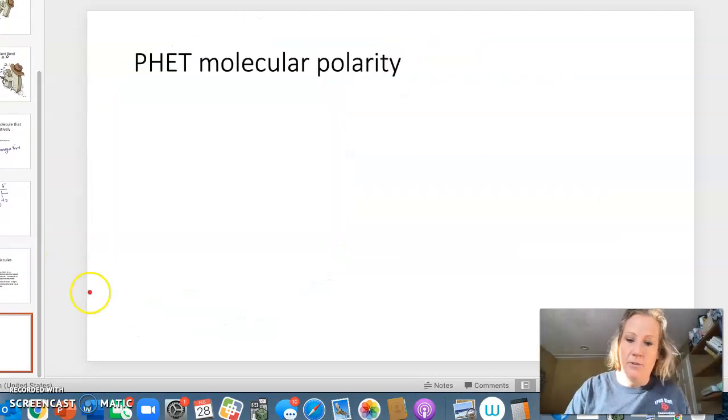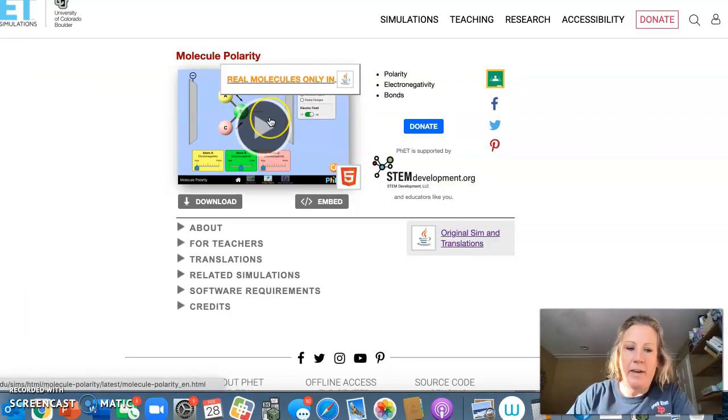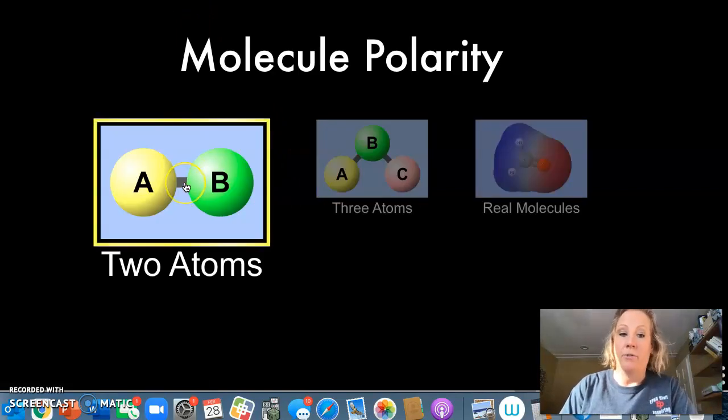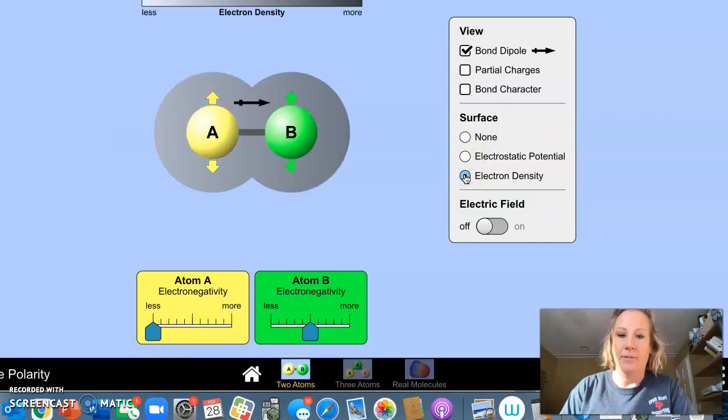So one more thing, I'll just take you to the PHET and then get you going on it. You're going to be doing the PHET and doing an assignment that goes with it. You're going to work your way through the directions. You're going to do 2 atoms, and you can change electronegativity. You can show the density differences. Here's that bond dipole.